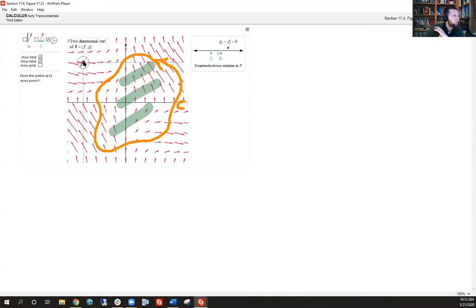If we go up into the upper corner, the spin is going the other direction. So there are places where you've got clockwise curl and counterclockwise curl.